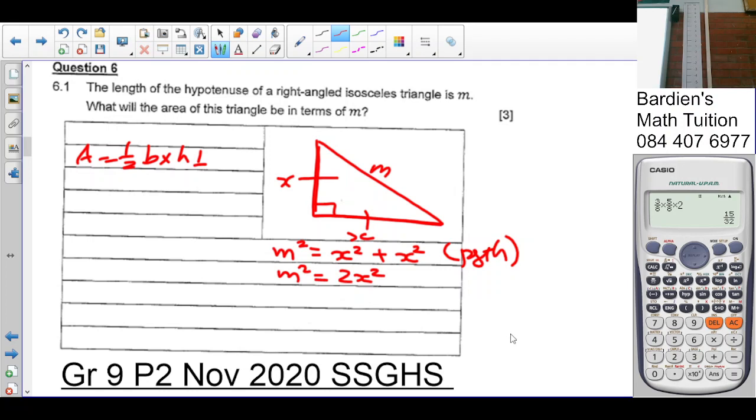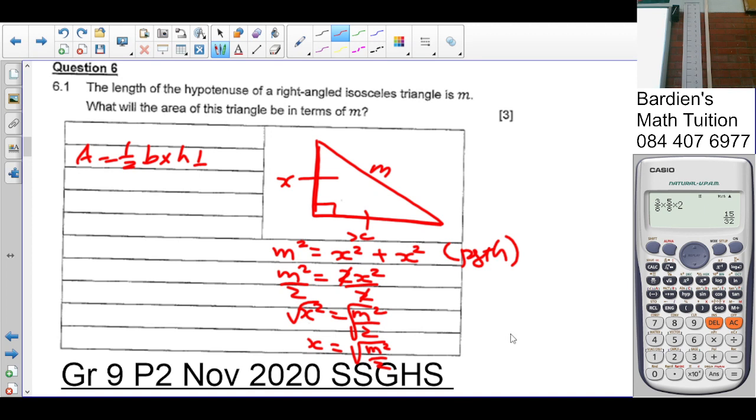X. So I divide both sides by 2. So x squared is equal to m squared over 2. Now how do I get rid of the square? I square root both sides. So x is equal to the square root of m squared over 2.